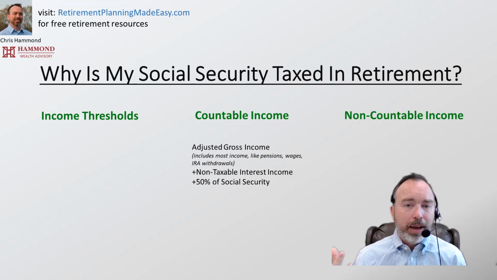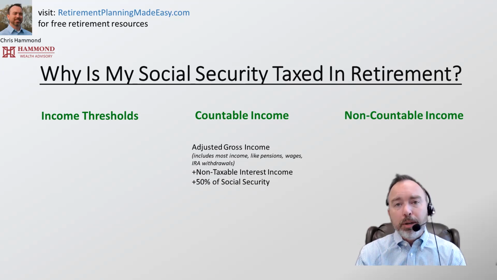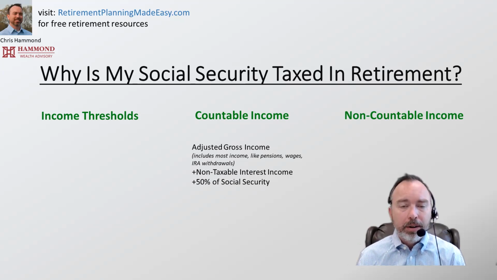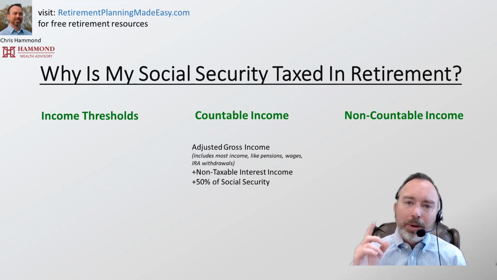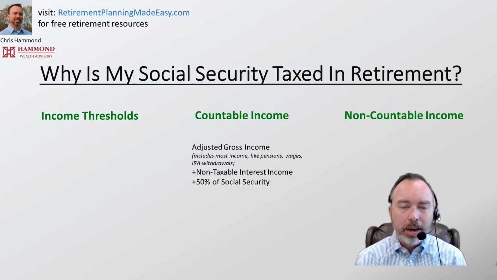Be thinking about that as well, because when you retire, most people have the bulk of their wealth in a 401k, which they usually will roll into an IRA, or even if they keep it in a 401k and they take withdrawals from it, that counts as income that can contribute toward having more of your Social Security benefits subject to taxation. What's interesting also is that non-taxable interest income also counts in this calculation.